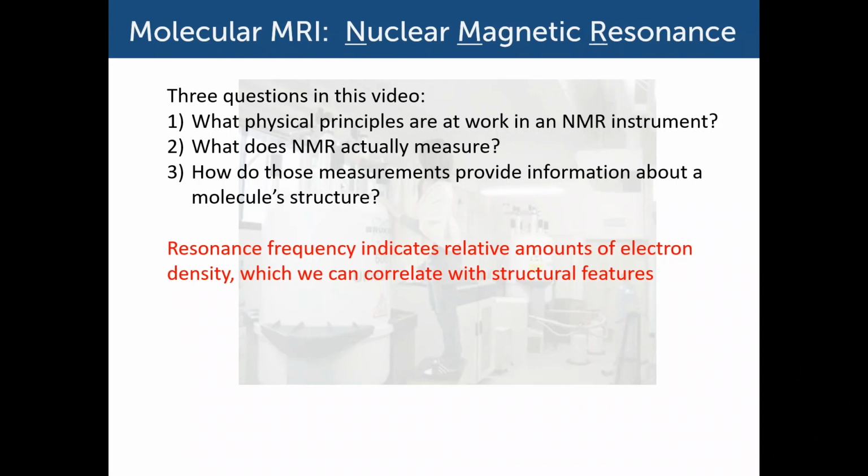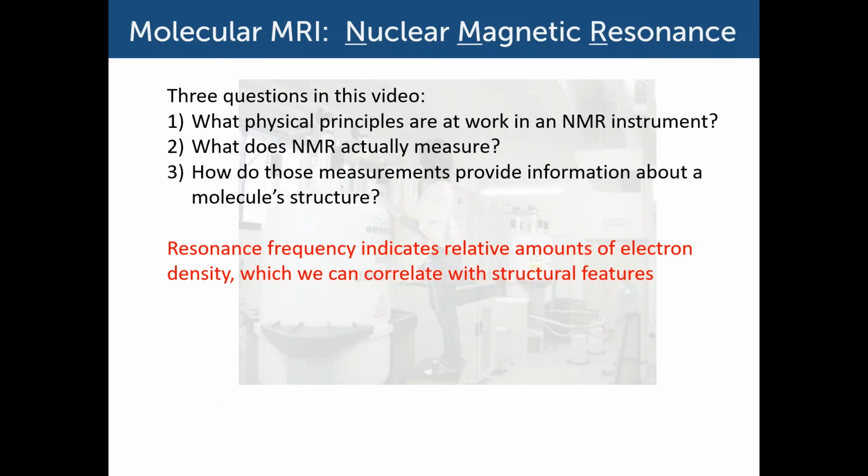So our resonance frequency is what we're actually going to be using to gain structural information, right? Our resonance frequency is going to indicate something about the relative amount of electron density. And then we can take that information about electron density and correlate it with structural features, right? So maybe a functional group nearby makes hydrogen electron rich or electron poor, for instance, and NMR will essentially show us that.